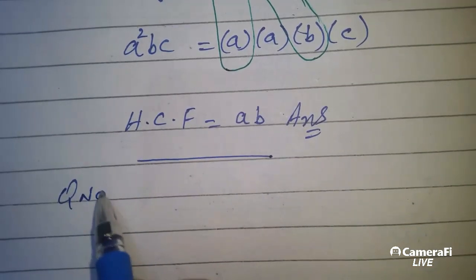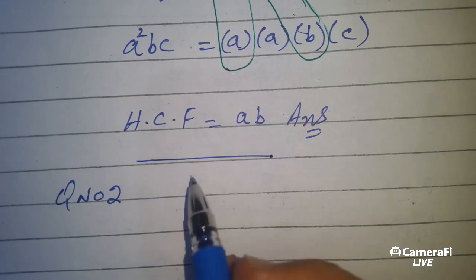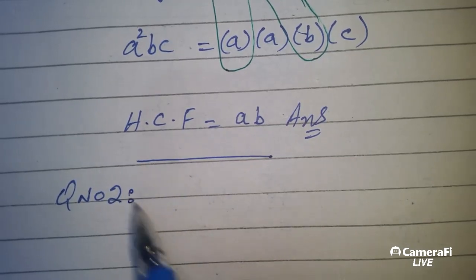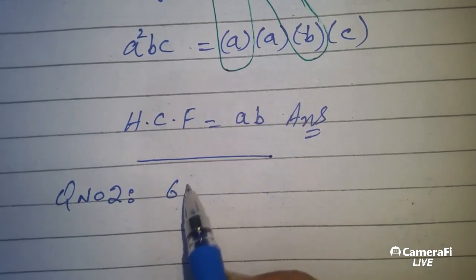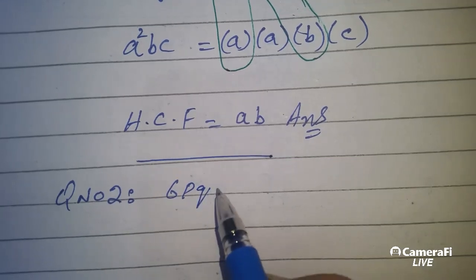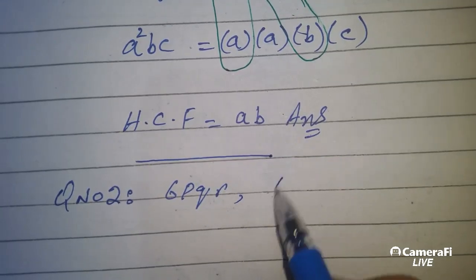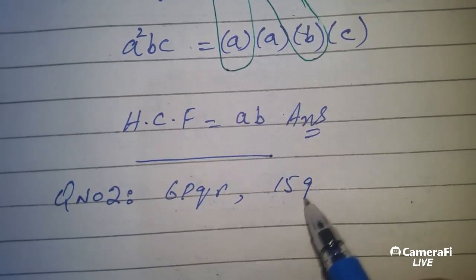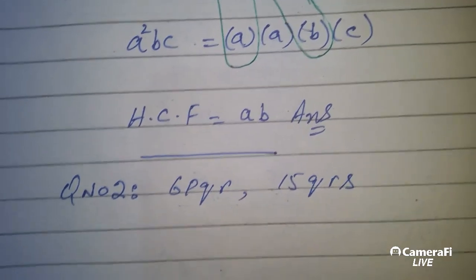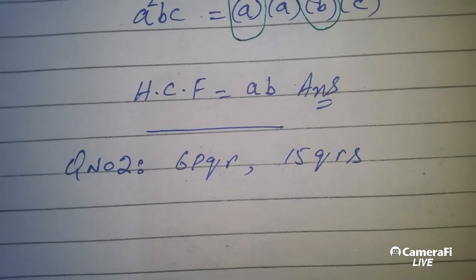Question number 2. 6PQR and 15QRS. Again we want to make factors.